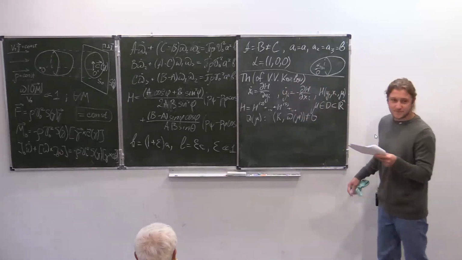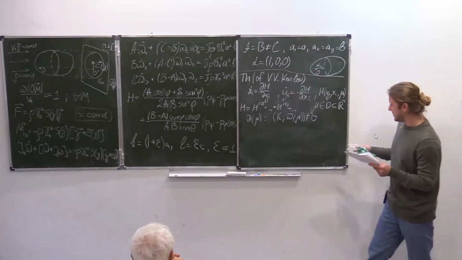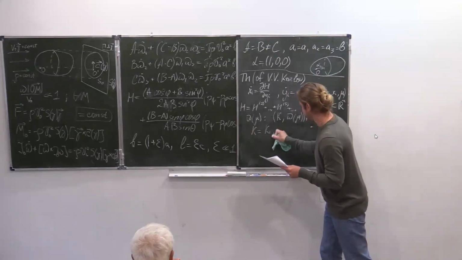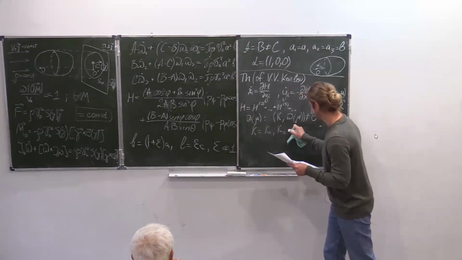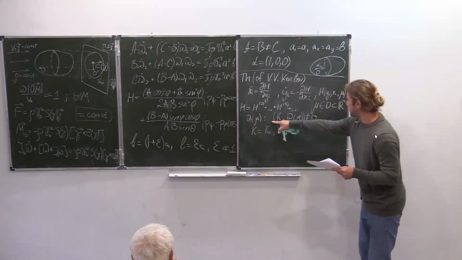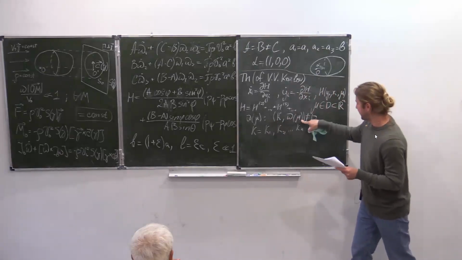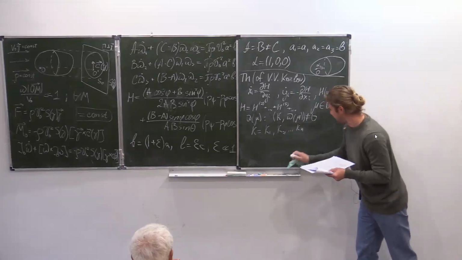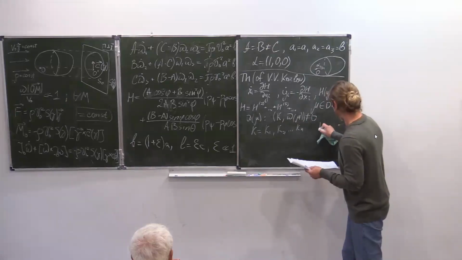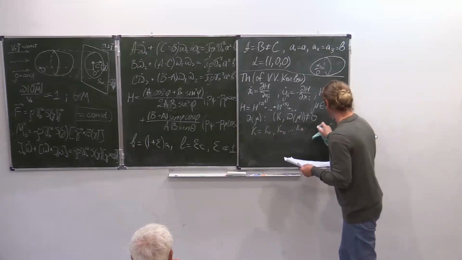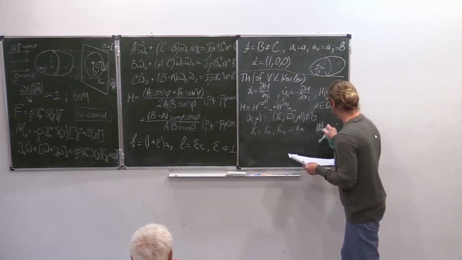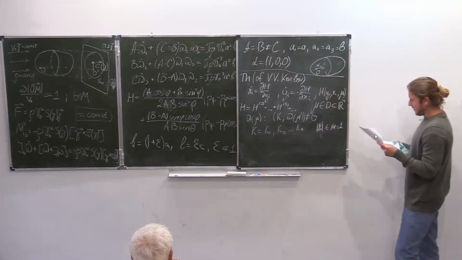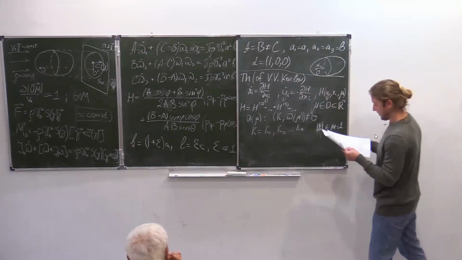Here k is a vector of parameters, these are the resonance ratios of the frequencies, and the order of k is less than m.